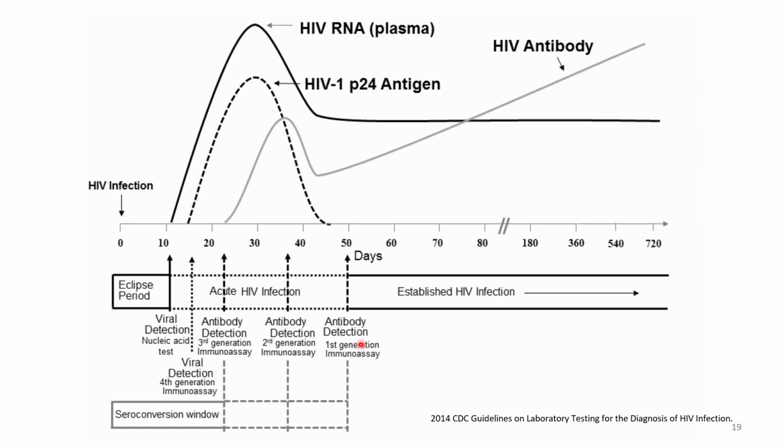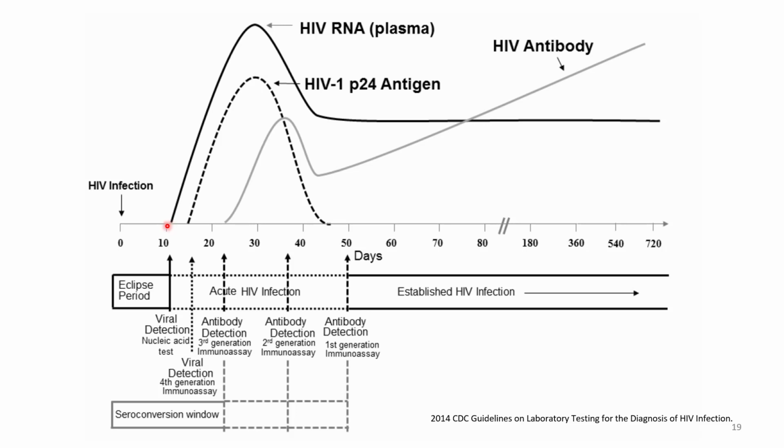Let's take a look at the HIV serology profile. Here on the x-axis, we're looking at time in units of days from the time of HIV infection. When someone gets infected, it takes some time for RNA levels to become detectable. As technology advances, our assays become better and better.